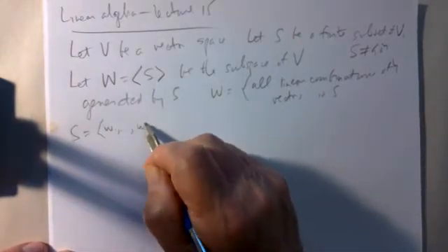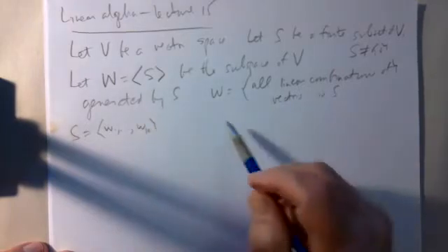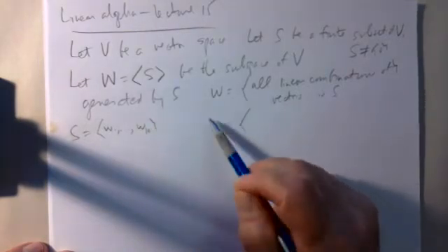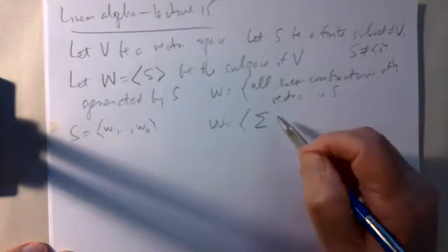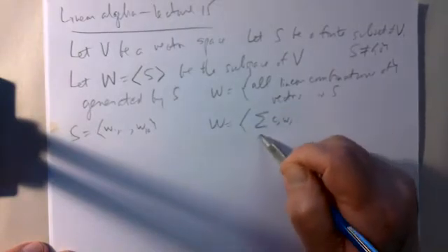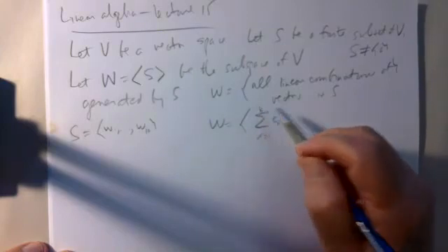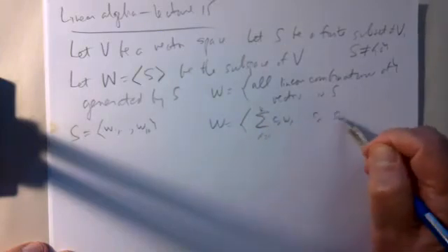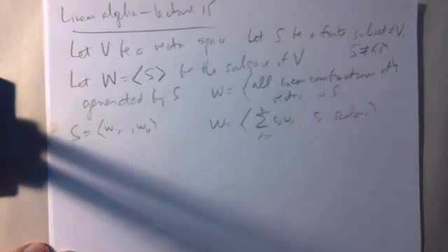W1 up to WK was the notation I think I had used. In that case, this set W is all linear combinations sum of c_i w_i, i going from 1 up to K, where the c_i's are scalars. Real numbers, complex numbers, whatever the field of your vector space is.